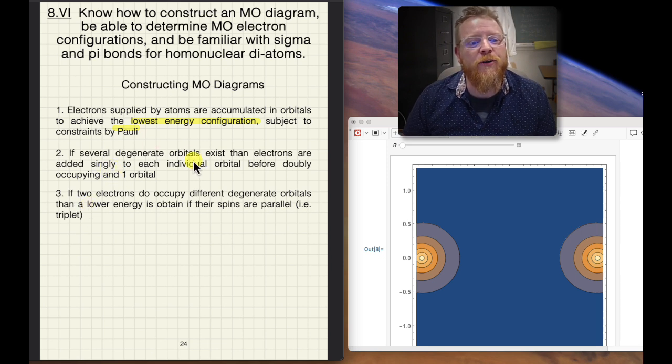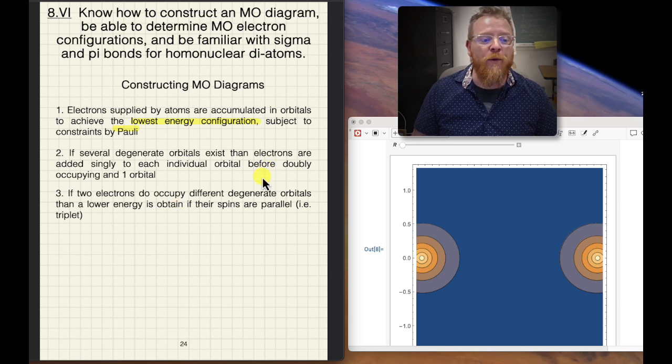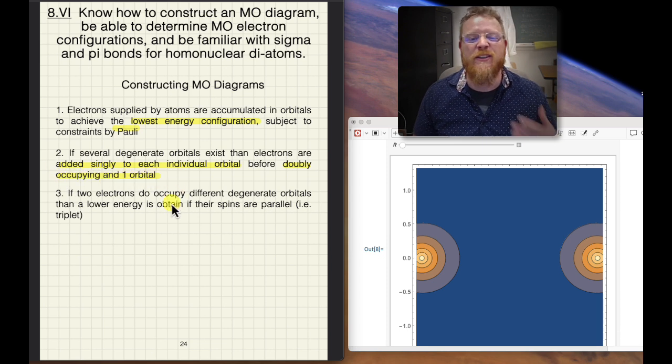If several degenerate orbitals exist, then the electrons are added singly to each individual orbital before doubly occupying any one orbital. So that's just another way of stating the Pauli exclusion principle.